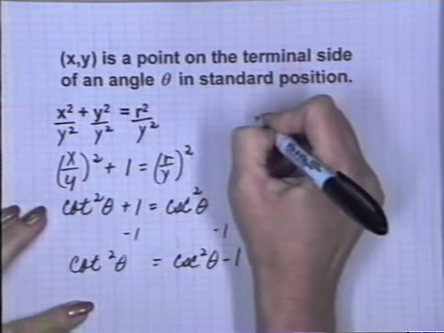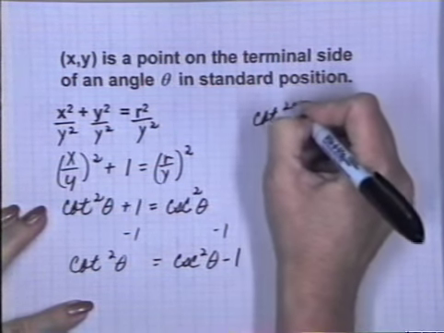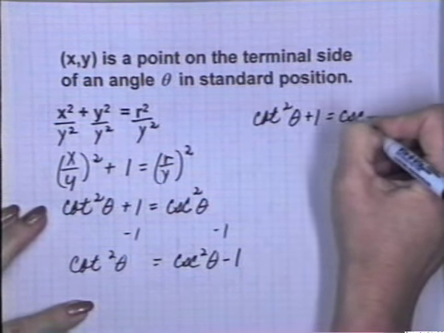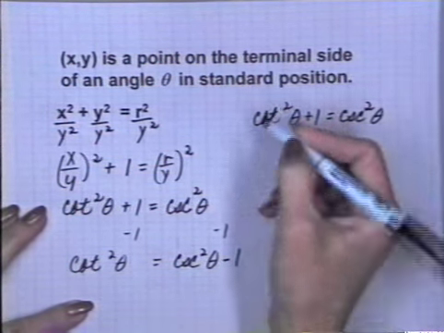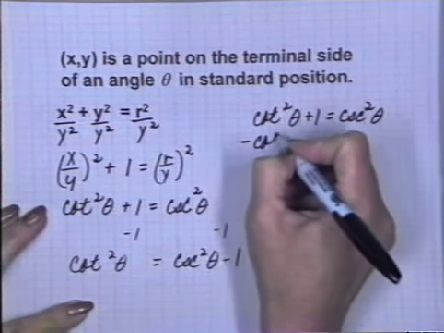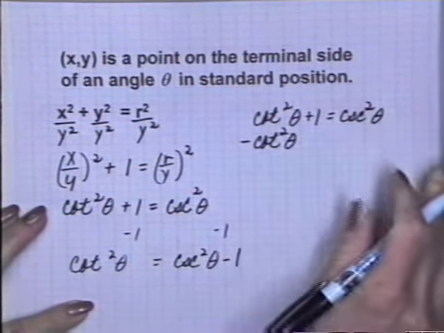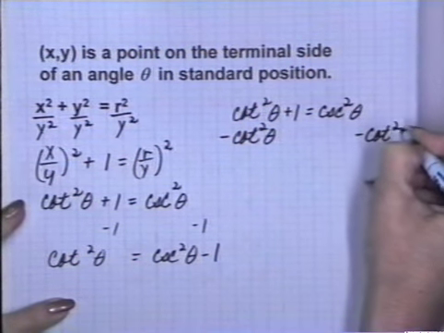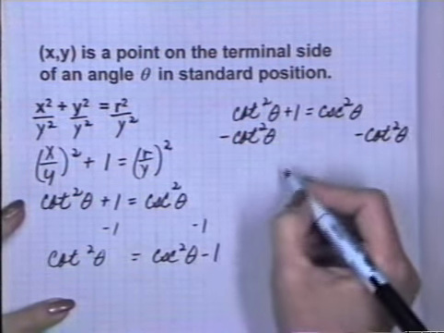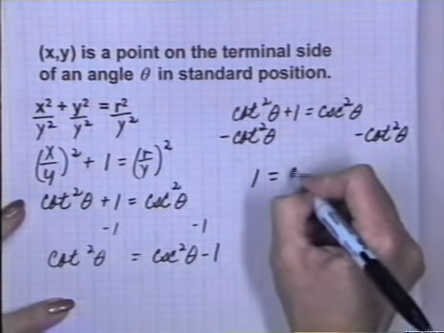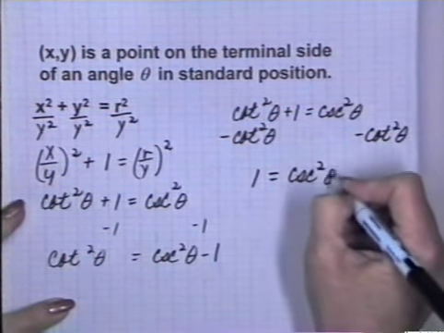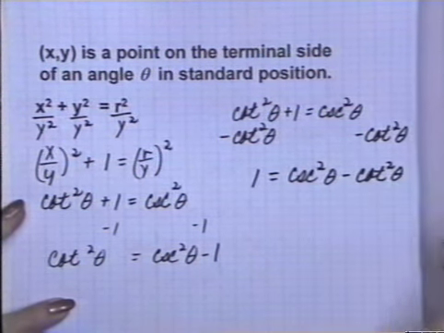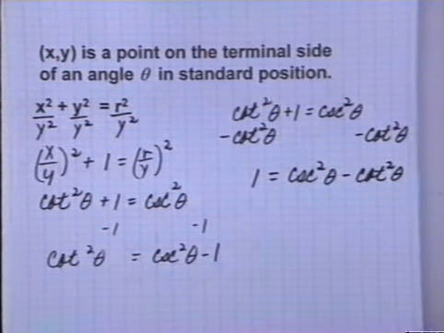And taking that same relationship, this time I'm going to subtract cotangent squared theta from both sides, and I will get 1 equals cosecant squared theta minus cotangent squared theta.